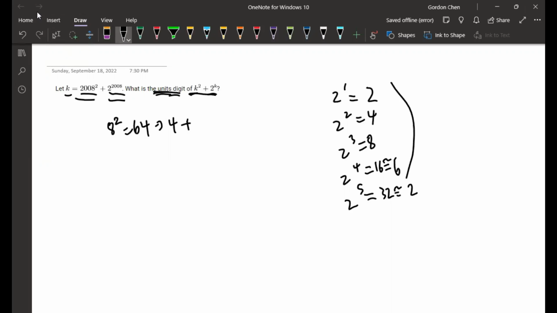And so 2008, if we check, dividing it by 4, 2008 is exactly divisible by 4, which means it's 0, in other words, also 6.